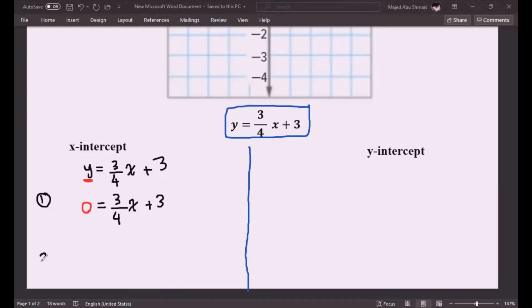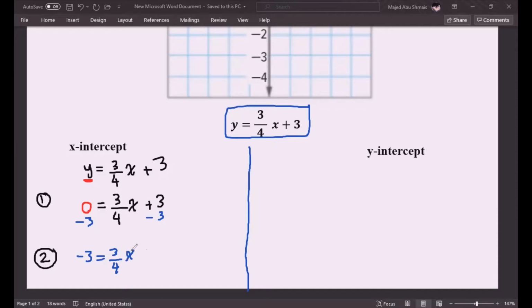Okay, what about the second step? Actually, the second step is to solve this equation here. We can remember how to solve this equation. Starting with the 3, subtract 3 from both sides, and we will be left with -3 equals 3 over 4 times x.